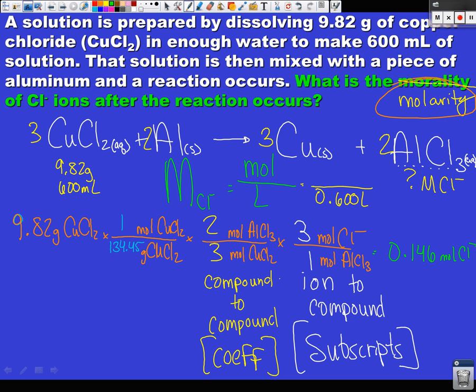You've never seen this step. That's the only new thing. And I asked you a minute ago, that last orange step, traditionally, you were used to converting from moles to what? All we did was change it to the moles of the ion. That's the only difference in this entire question that you've never seen before.